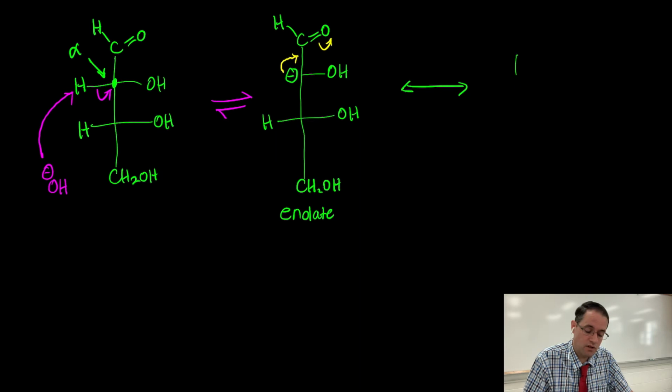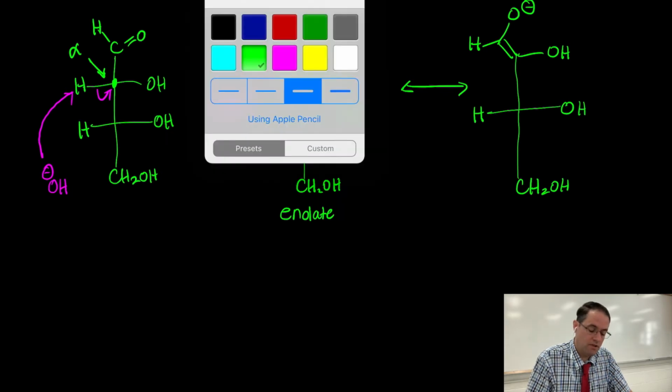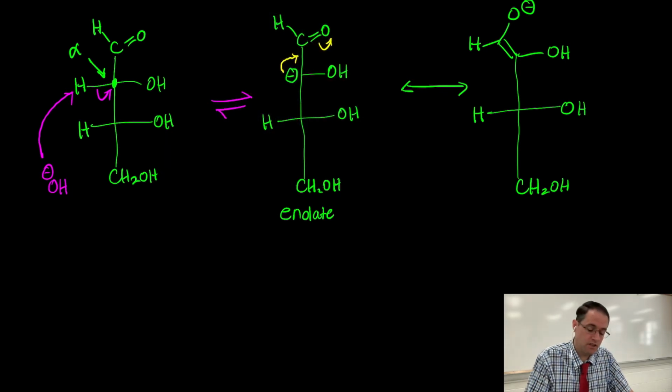And we can draw it like this. So let me just point to the alpha carbon in each one of these. So this is still the alpha carbon, and this right here is the alpha carbon.